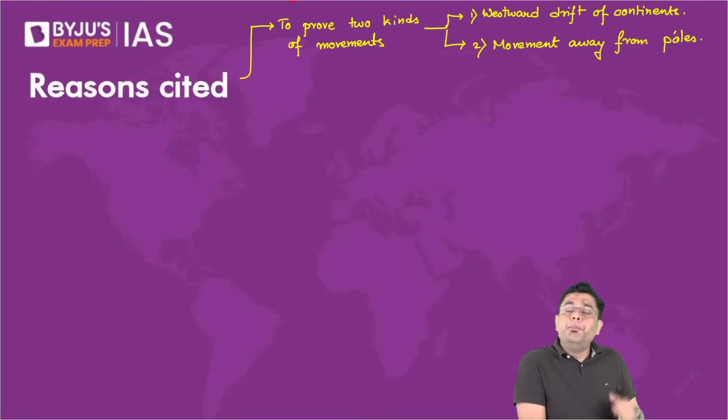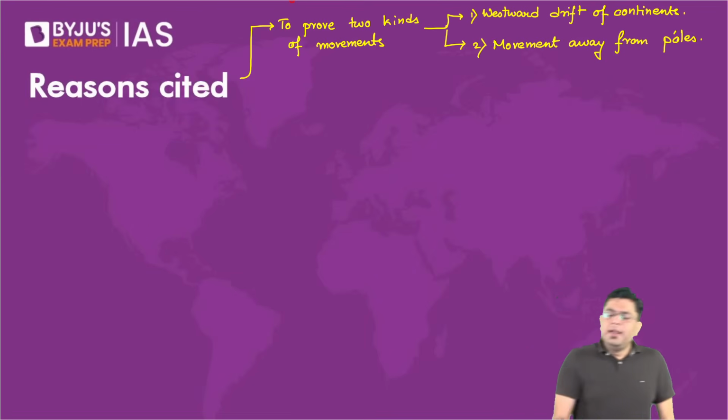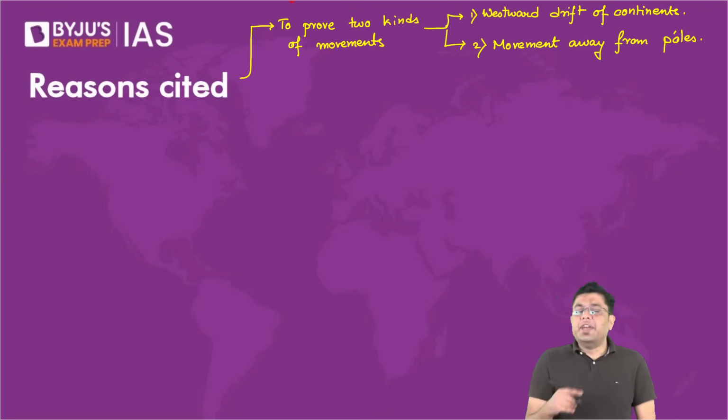Okay. So, because Wagner said that the continental land masses, which indicated Sial, would be floating freely over the region of Sima, that is why they would experience that force of buoyancy. Right. Now, let us understand the reasons that he provided.